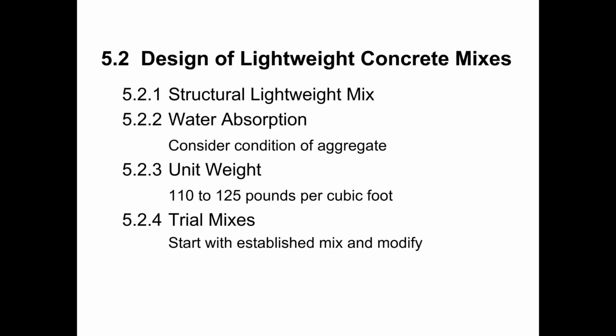The big problem with using a lightweight aggregate is the high absorption of that aggregate. Whereas with a normal weight aggregate, we may be looking at a 1 to 2% absorption, or even less than 1%, for a lightweight aggregate, we may be looking at an absorption of 25 to 30%.